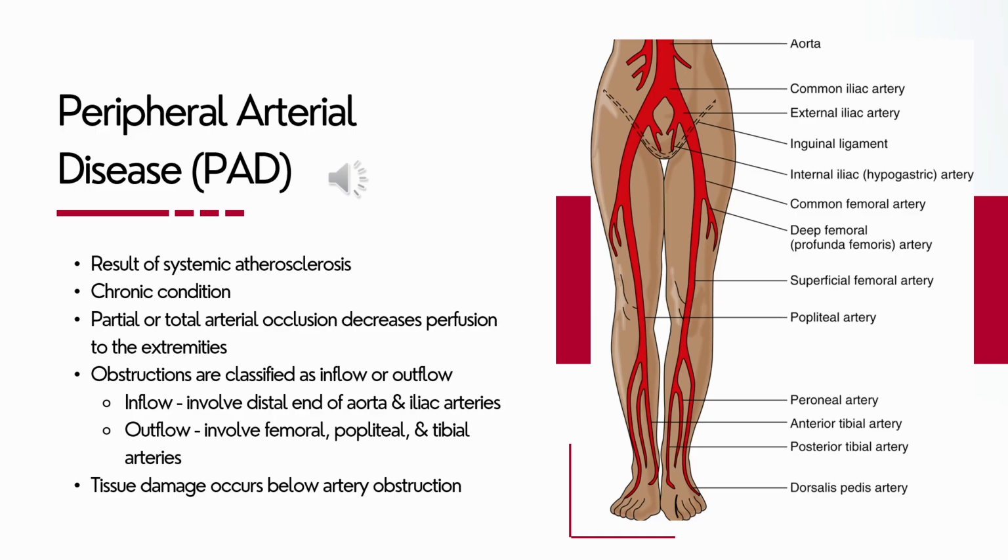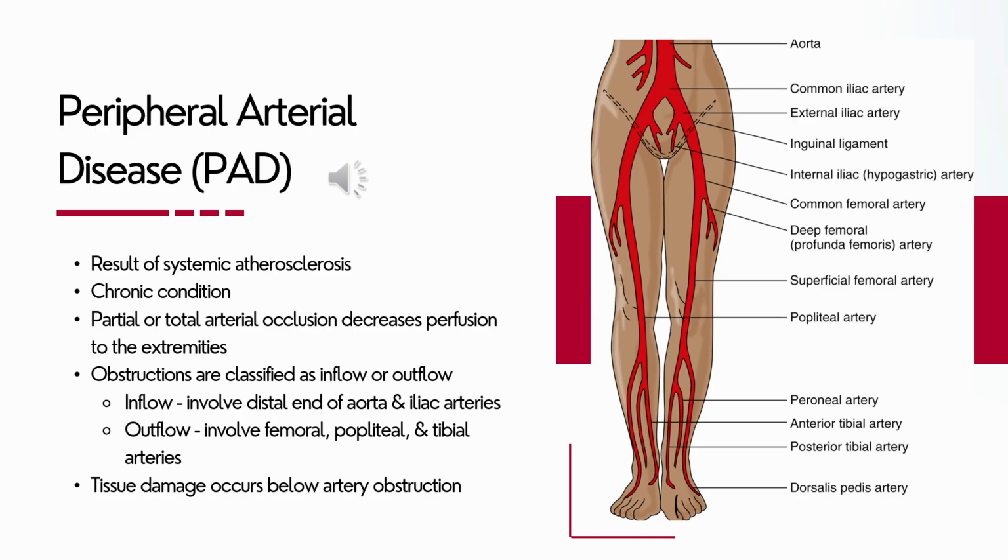Peripheral arterial disease poses very serious risks because it reduces perfusion to tissues, and it can lead to things like chronic angina, myocardial infarction or heart attack, or even a stroke. PAD is a marker for systemic atherosclerosis, meaning the affected individual is more likely to have similar diseases in other vascular beds, such as in the coronary or the carotid arteries.